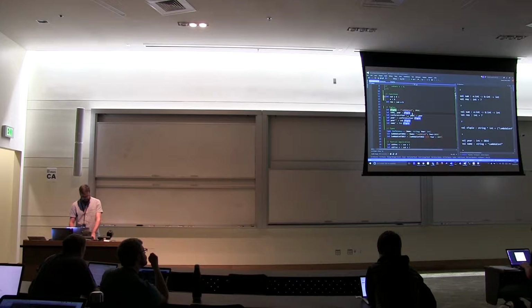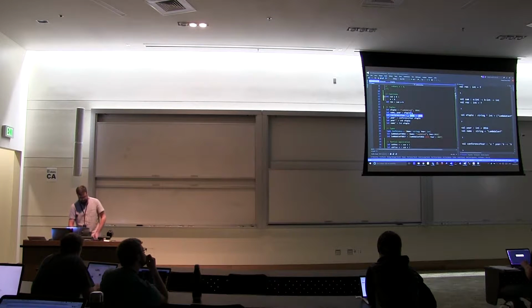We can have a function that receives a tuple. Here we are saying that we don't care about this value. We're not going to use it, and we just want to decompose the year, so we can return it.